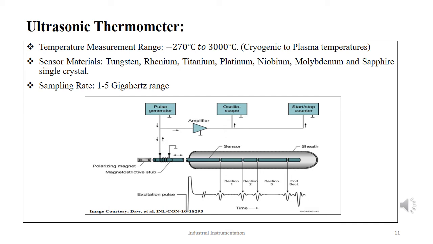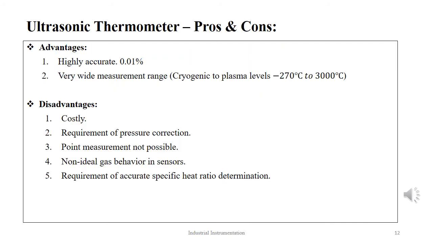The sensor is made up of materials like thoriated tungsten, rhenium, titanium, platinum, niobium, molybdenum, and sapphire single crystal. The sensor can operate at extreme high frequencies, providing sampling rates in the 1 to 5 GHz range.